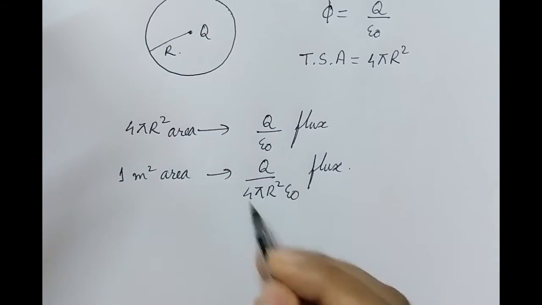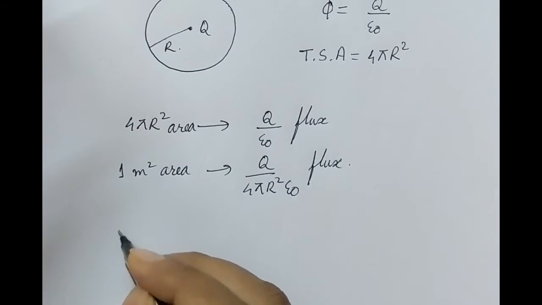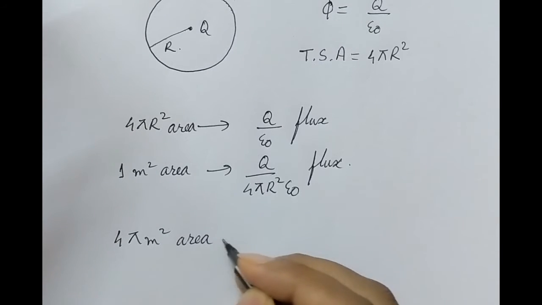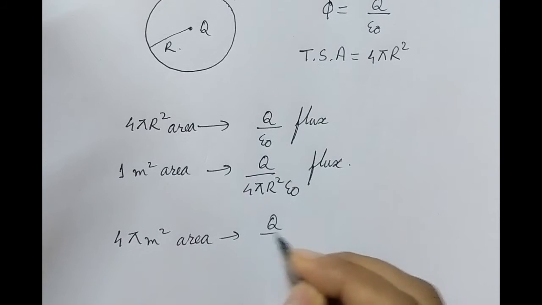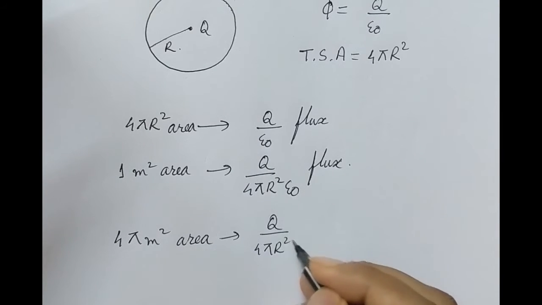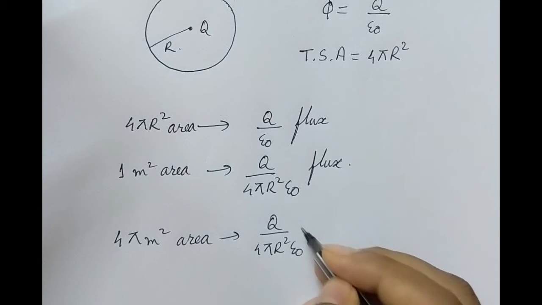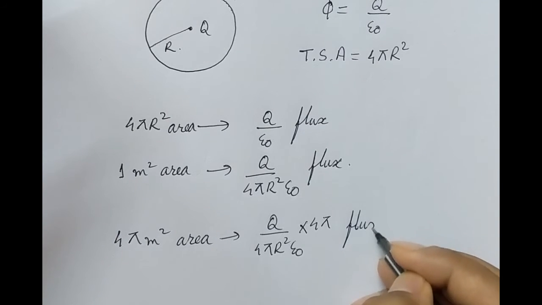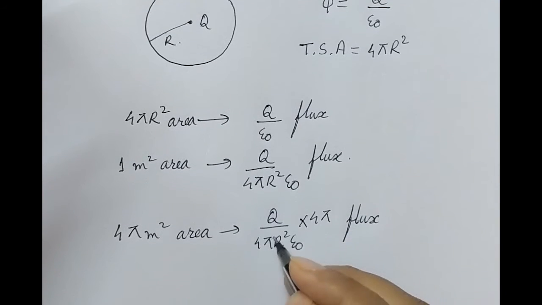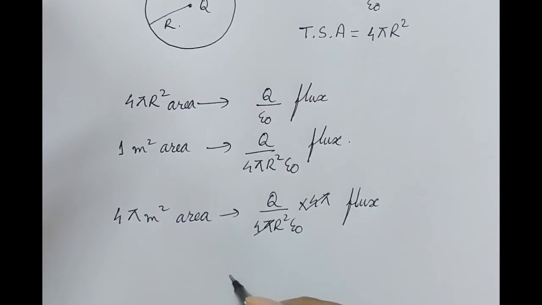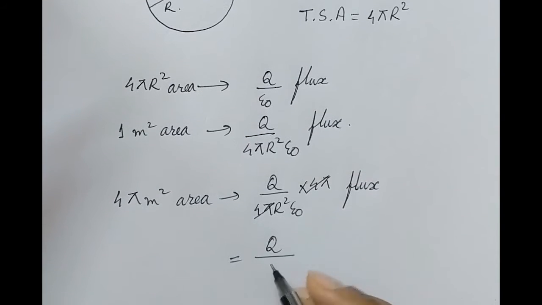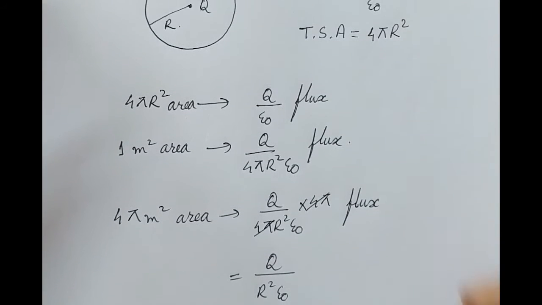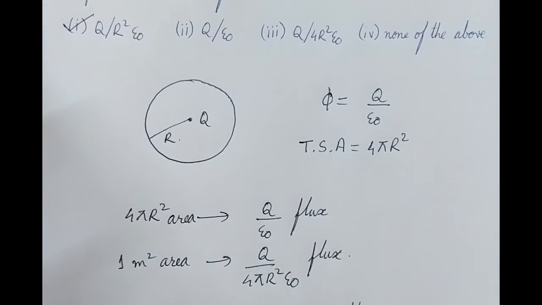So if 1 meter square has this much flux, then 4 pi meter square area encloses Q by 4 pi r square epsilon naught into 4 pi amount of flux. The 4 pi and the 4 pi cancel out and the correct answer we get is Q by r square epsilon naught. That is option number 1.